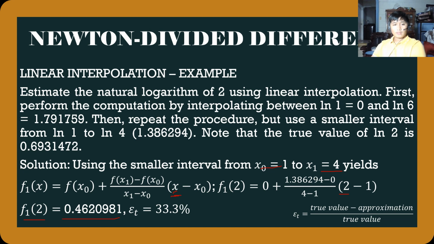So we can get this f of 2, which is equal to 0.46. Again, this is an absolute value, so true value minus this one over true value, we can arrive at the 33% error.